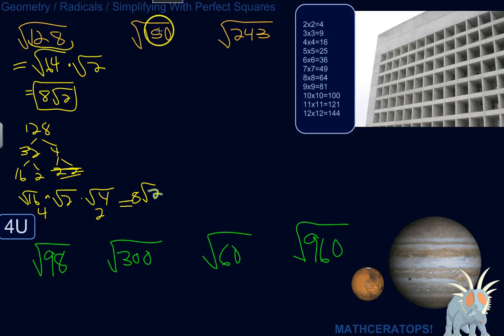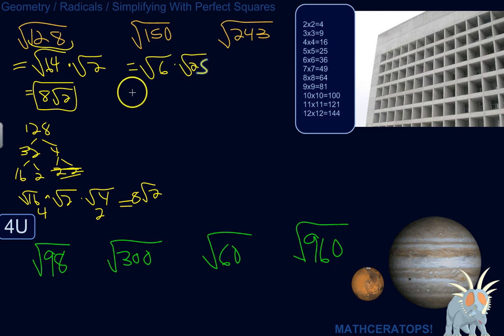So let's practice. 150 is what? Is 6 times 25. Yeah, because 4 times 25 is 100, and we've got two more 25s. 2 times 25 is 50. So we could write this as the square root of 6 times the square root of 25, because 6 times 25 is 150.